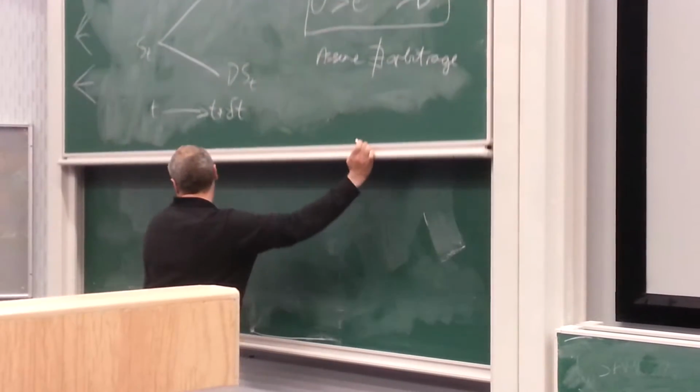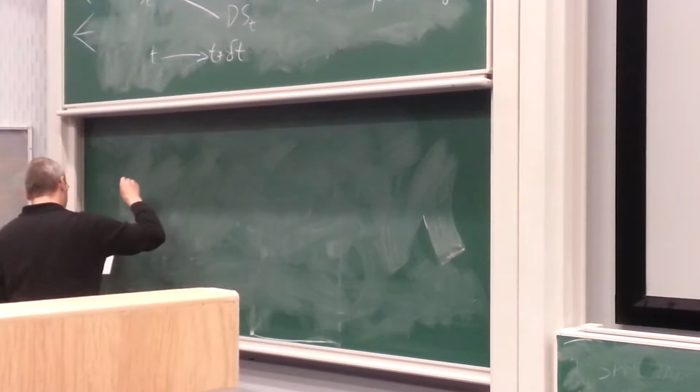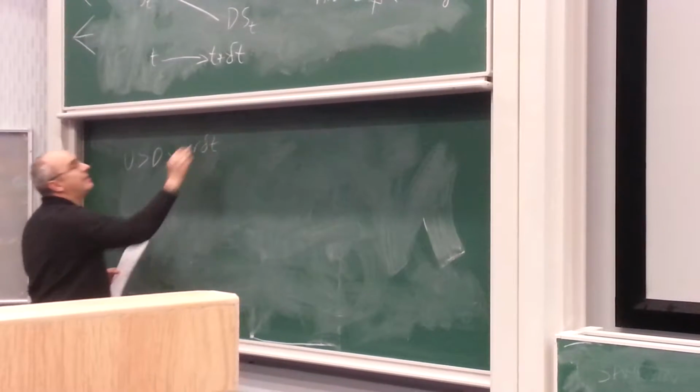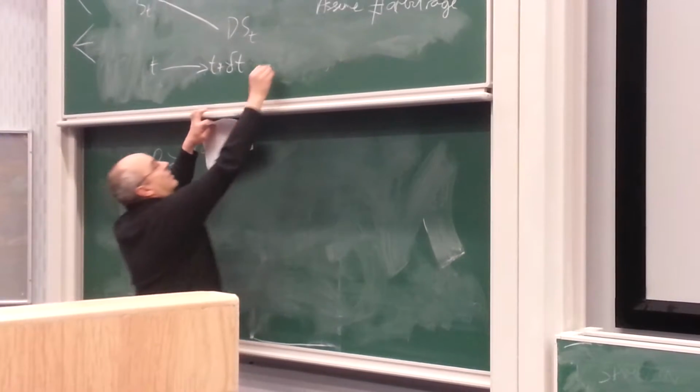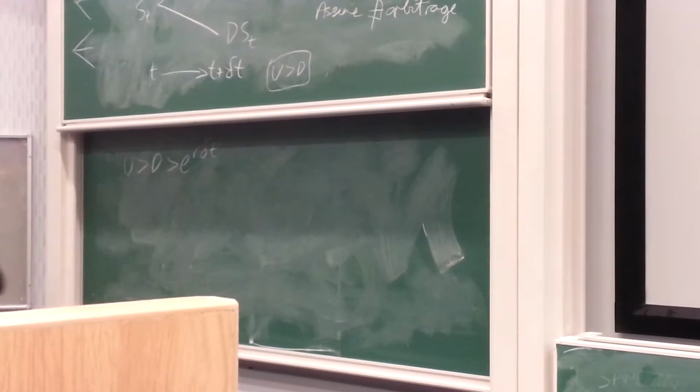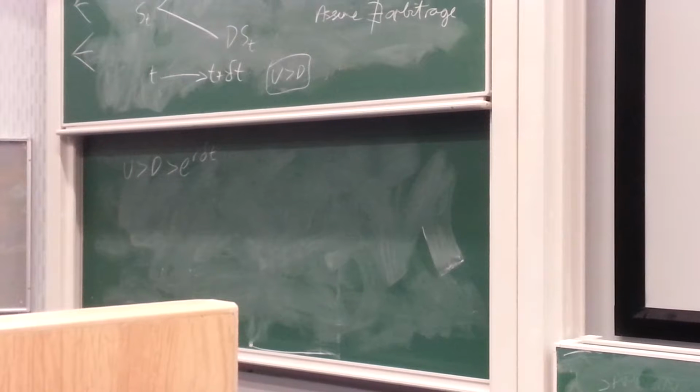Okay, and then you can look at if U is greater than D is greater than e to the r delta t. By definition, U is greater than D. That's the one thing you can assume, that U by definition is the larger of the two numbers.